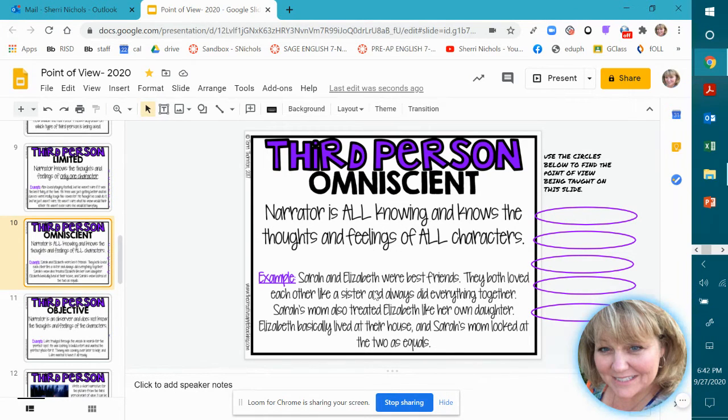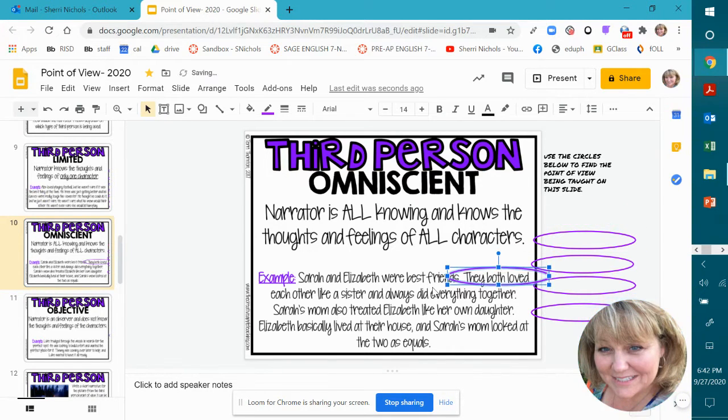They both loved each other like a sister, and they always did everything together. So they both loved each other like a sister would be an example of knowing both of the characters' thoughts. Sarah's mom also treated Elizabeth like her own. So that would be Sarah's mom's thoughts.